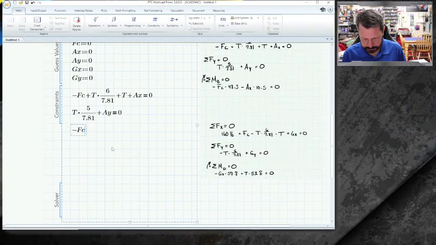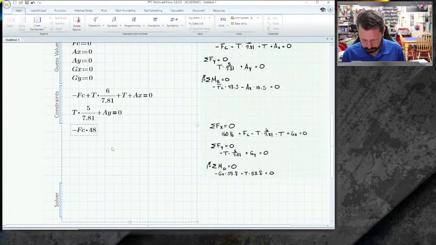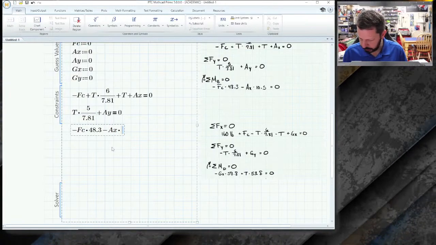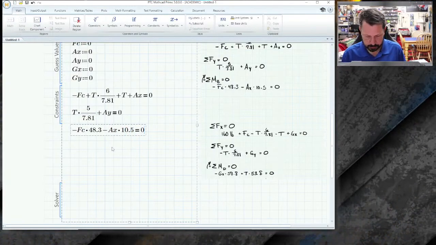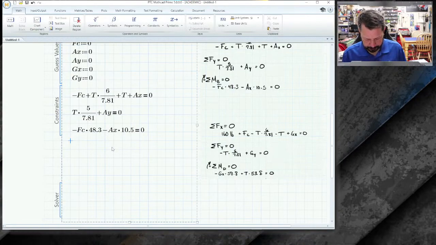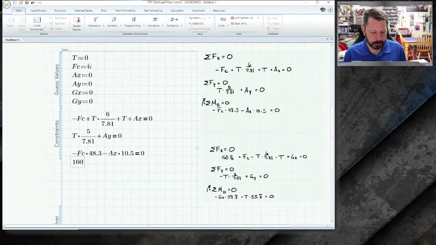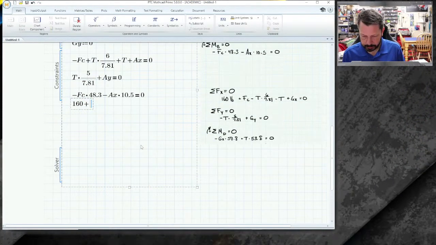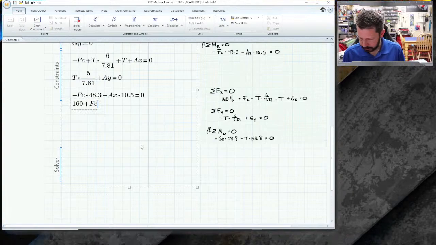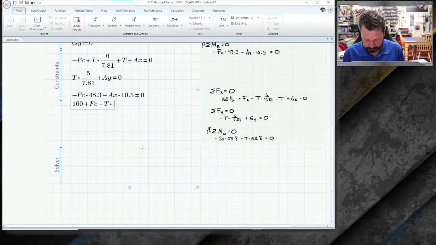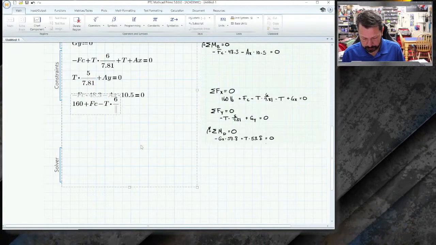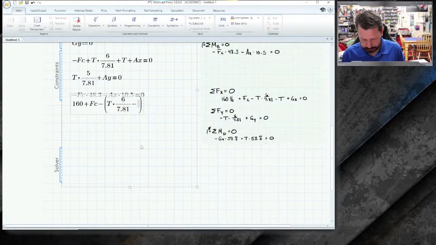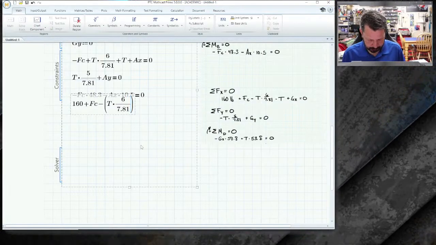Negative FC times 48.3 inches minus AX times 10.5 inches equals 0. 160, since I didn't put pounds on any of these, I'm not going to put pounds on this one. So 160 plus FC minus T times 6 over 7.81 minus T. No, I don't want those parentheses that way.